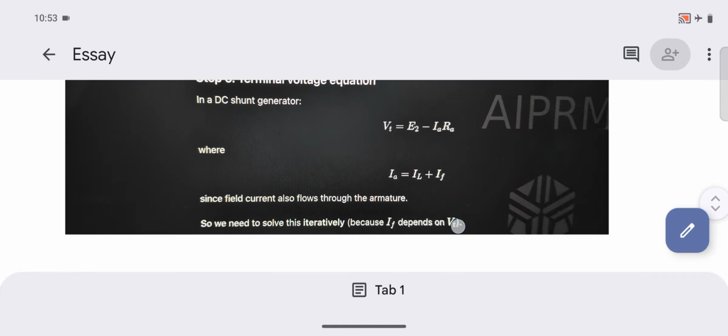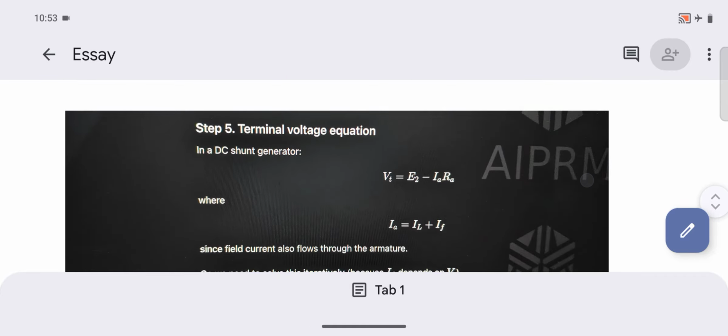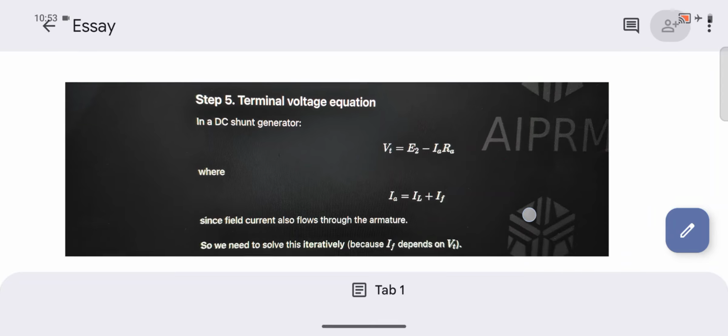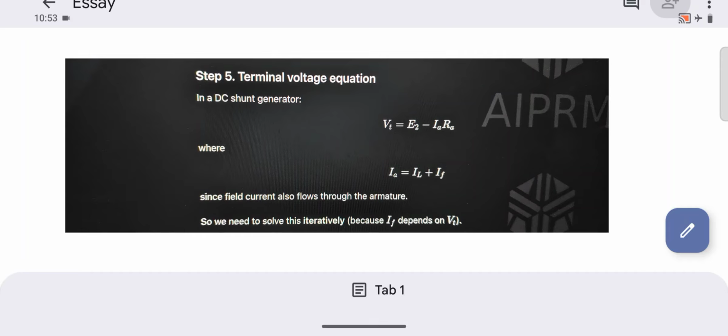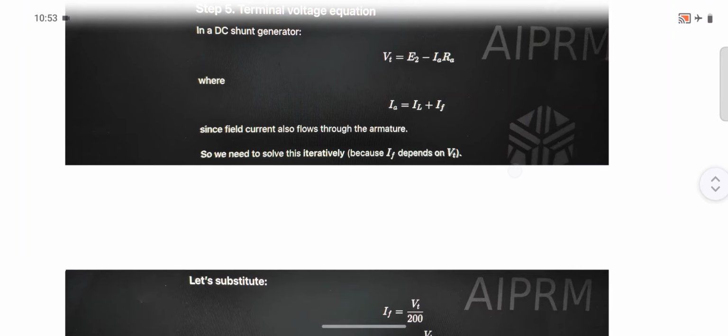So simply we have to put the formula. You have to only remember this formula. IA we know, RA we know, E2 we have calculated. So we have to only substitute the values, then we will get the answer. You can see IF and IA.